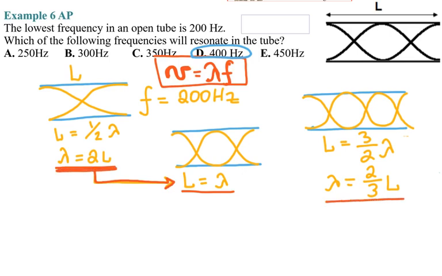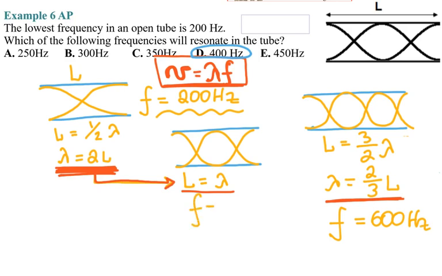If this is the original one, then this one is 1/3. To keep the same velocity, my frequency has to be 3 times as big. So if the original frequency was 200, then this frequency would be 3 times as big, 600 hertz. And this one we said would be 400 hertz.